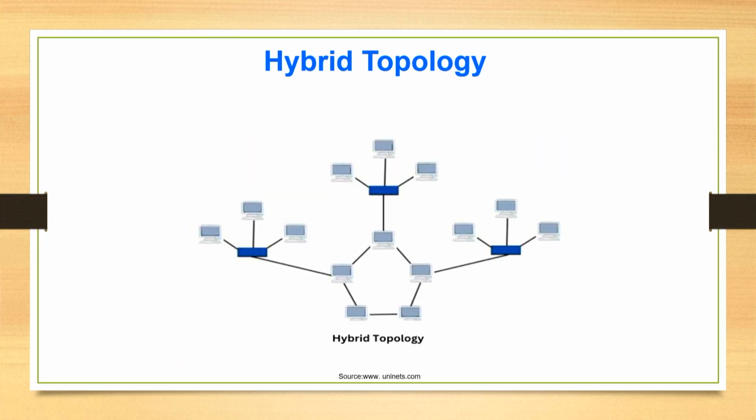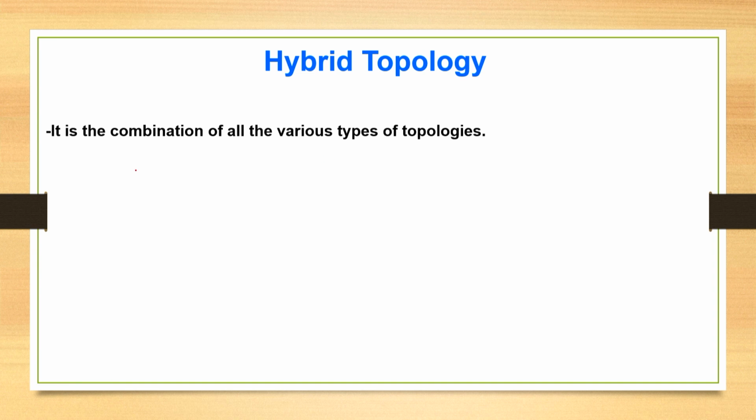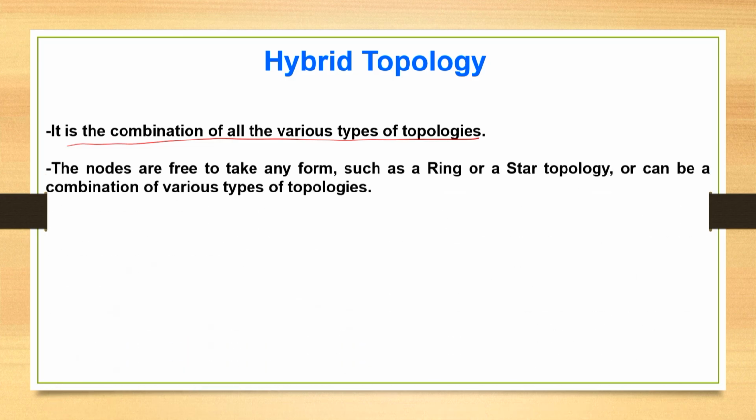The next topology is the hybrid topology. So, here you see what? It is a ring, then it is a star, then they are connected to your bus. So, hybrid means the combination of all these. That is why we say that it is nothing but a combination of all the various types of topologies that we have gone through: star, ring, bus, mesh.